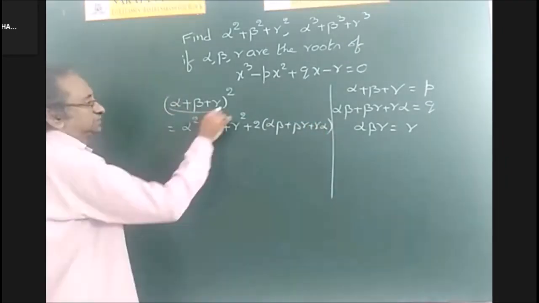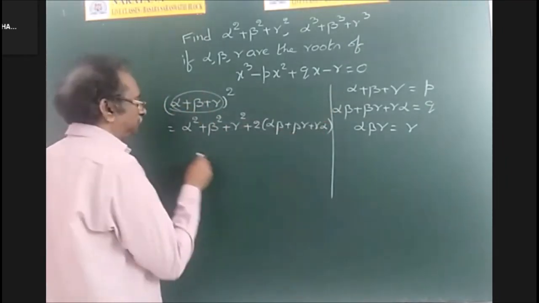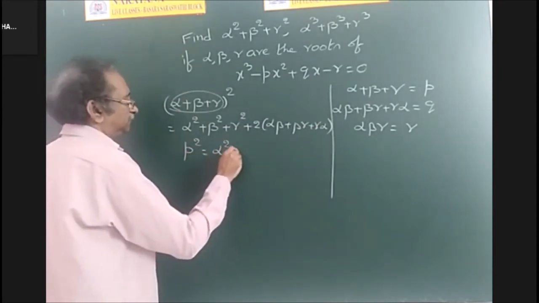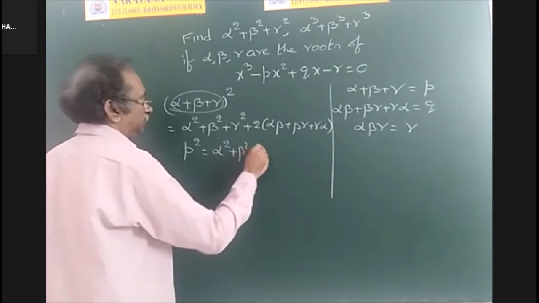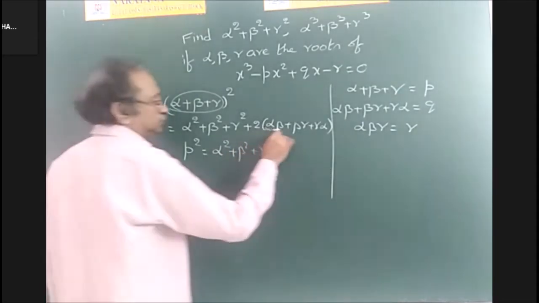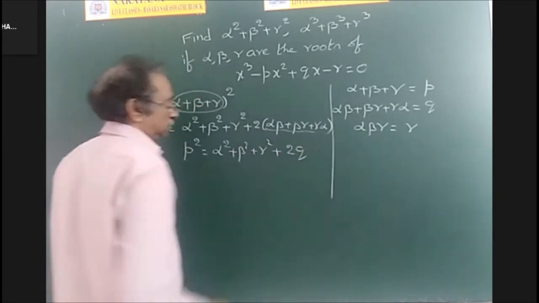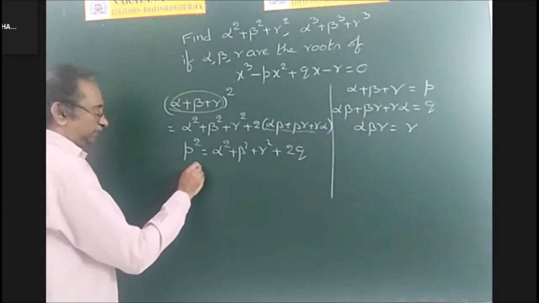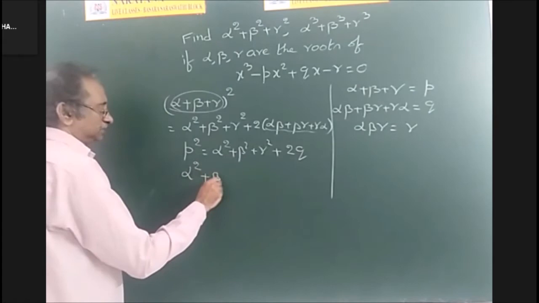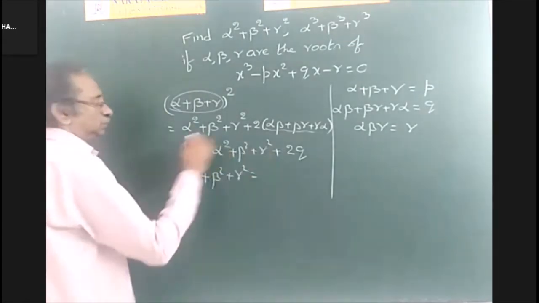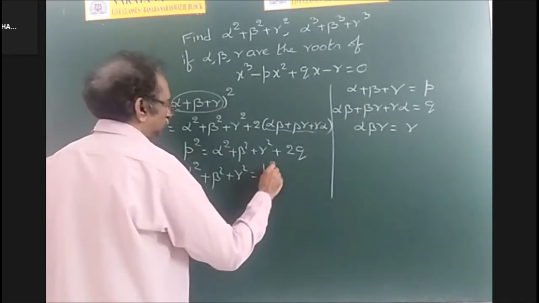And I know this, that is nothing but P. P square is equal to alpha square plus beta square plus gamma square, and also I know this, Q, so plus 2Q. And therefore, alpha square plus beta square plus gamma square is equal to P square minus 2Q.